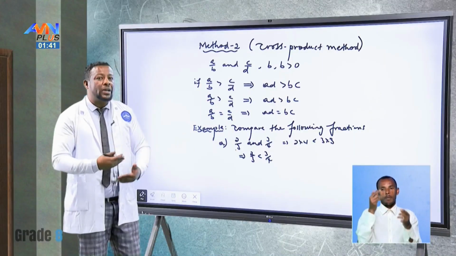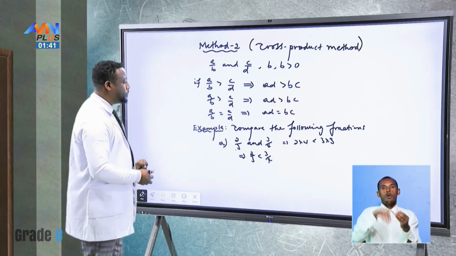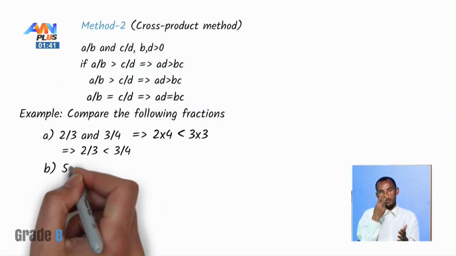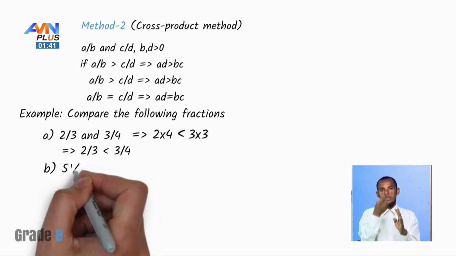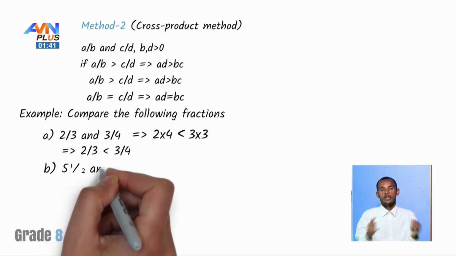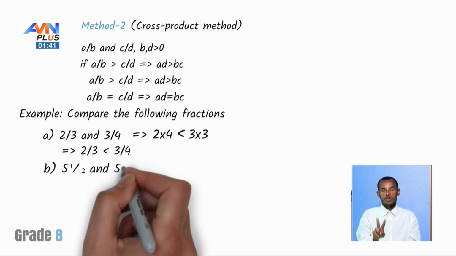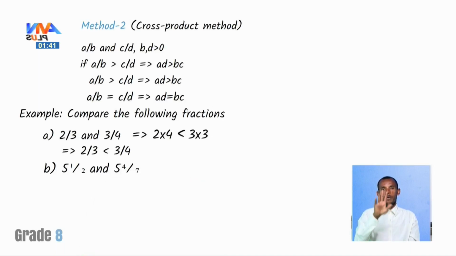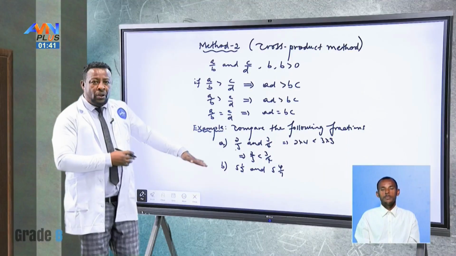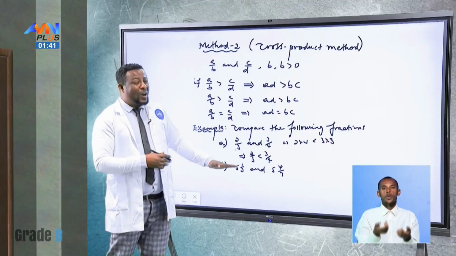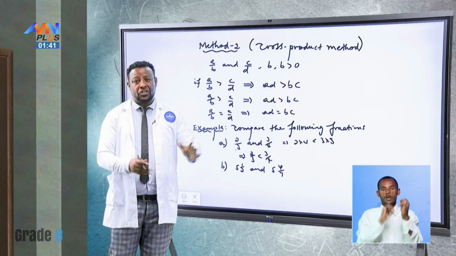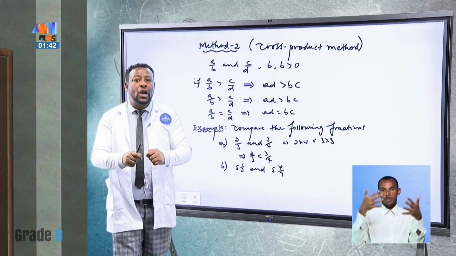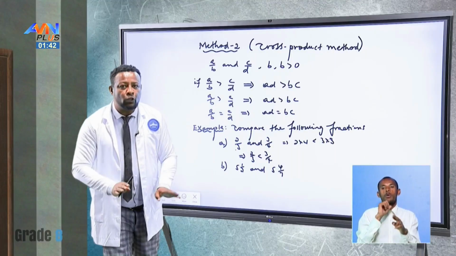Let's see some more examples on this concept. Take other fractions. Let's take some mixed fractions: 5 and 1 over 2, and 5 and 4 over 7. Whenever you are asked to compare these two fractions, you don't need to convert the mixed fractions into improper fractions.